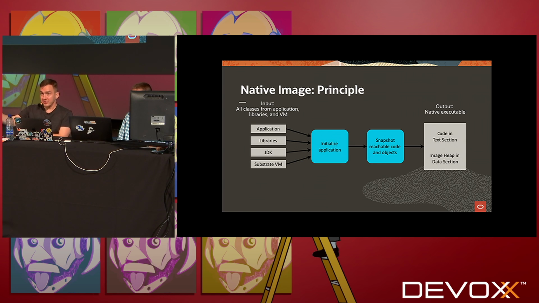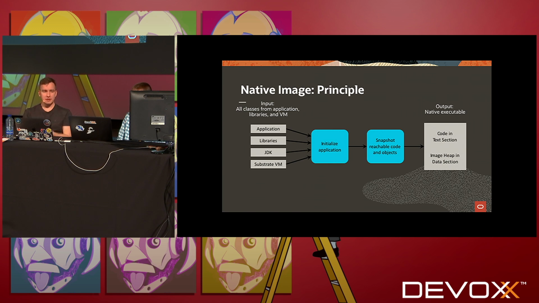Then it feeds that to the GraalVM compiler, which looks at the bytecode, as it would normally do as a JIT, and outputs the machine code. And then it's all written out in the native executable.